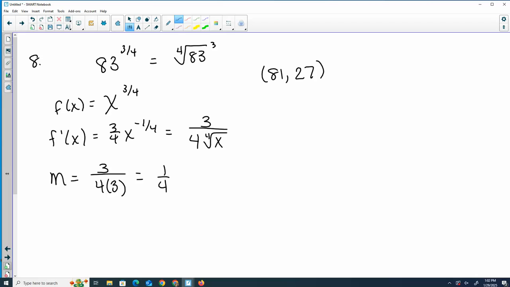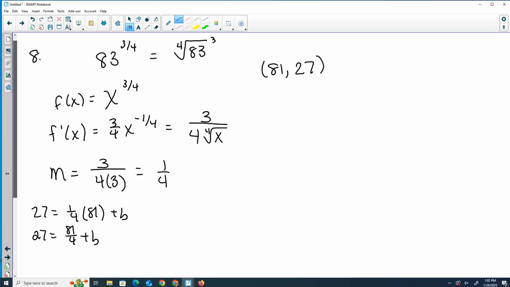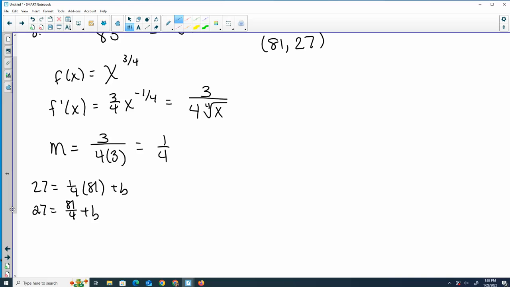So now y equals mx plus b. So the linear approximation is 1/4 x plus 27.